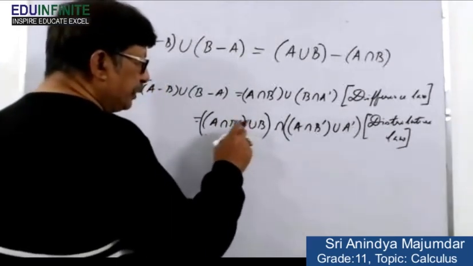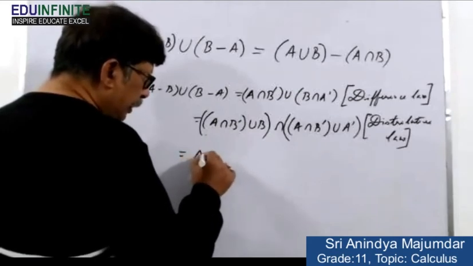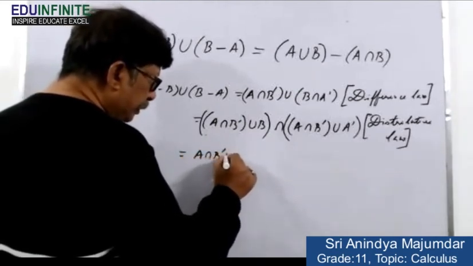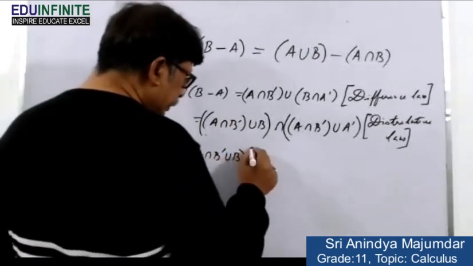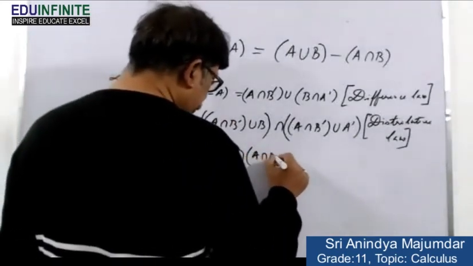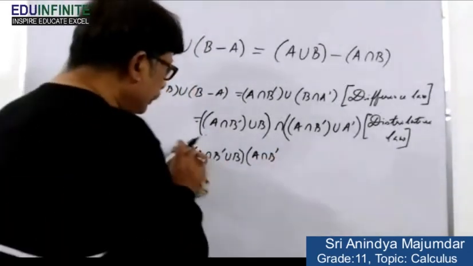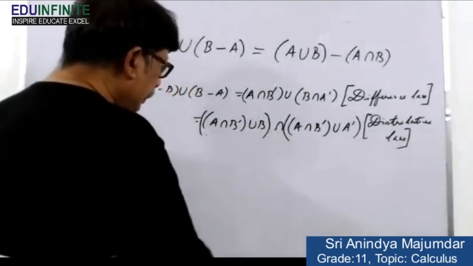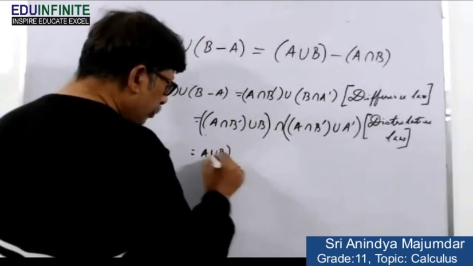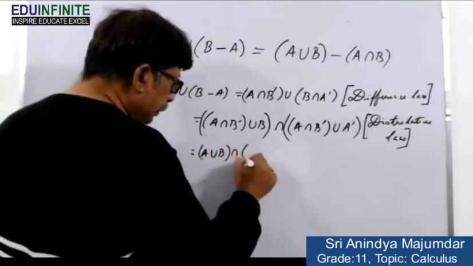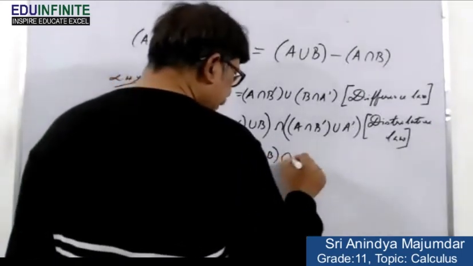Here there are also two different types of operation. We go for the distributive law again. A intersection B complement union B, and A intersection B complement. Rather, I do it this way: A union B intersection B complement union B. Intersection.